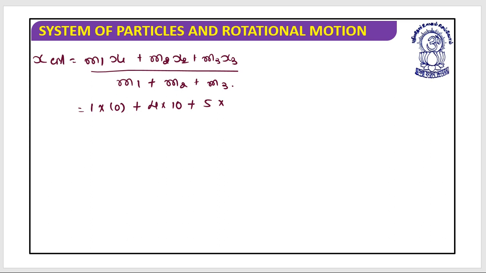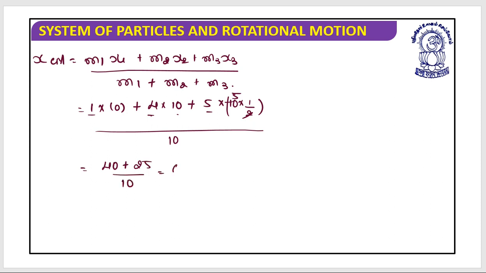While I say cos 60, it is 1 by 2. The total is going to be divided by 1 plus 4 plus 5, it's 10 gram. So this would be 0, 4 into 10, 40, plus 5 into 10 into 1 by 2, that's 25, divided by 10. So this is 65 divided by 10, which is equal to 6.5. This is the xcm. It is at 6.5 cm.